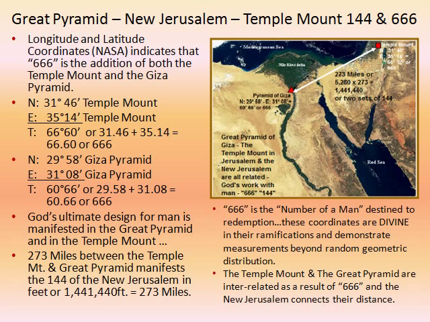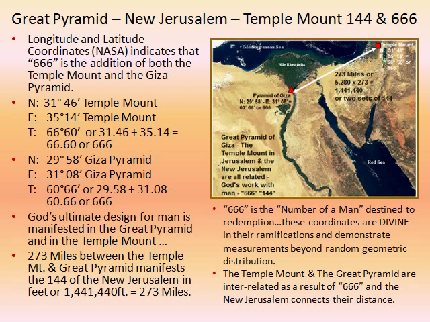The Temple Mount is located north 31 degrees 46 minutes and east 35 degrees and 14 minutes, for a total of 66 degrees 60 minutes, or 31.46 plus 35.14 equals 66.60, or 666.